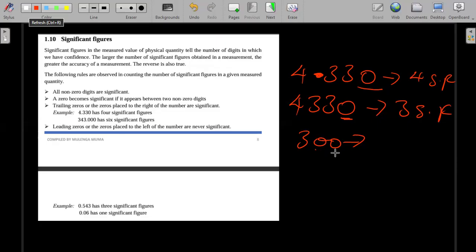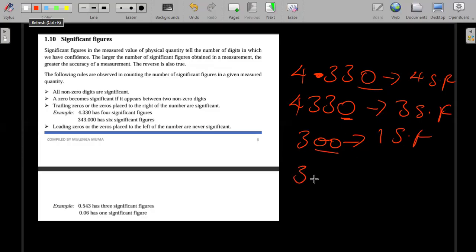These are trailing zeros, and they are not after any decimal point. So in this case, you only have one significant figure, which is the 3. These zeros are not after any decimal place, so they are not going to be significant.